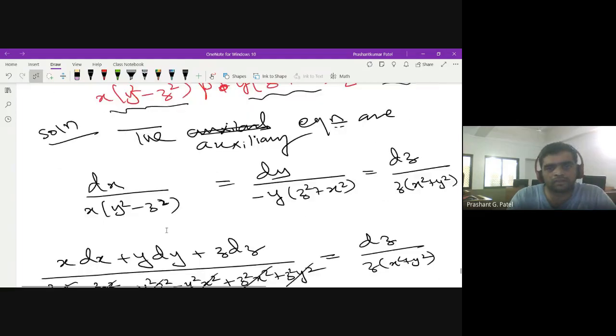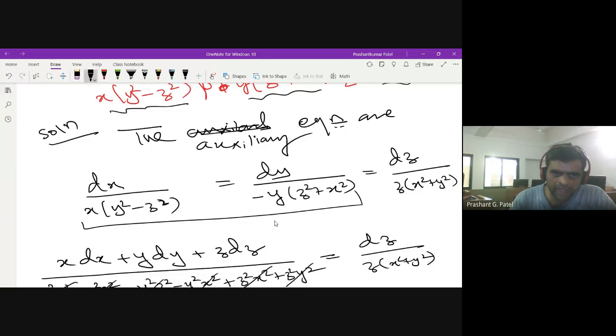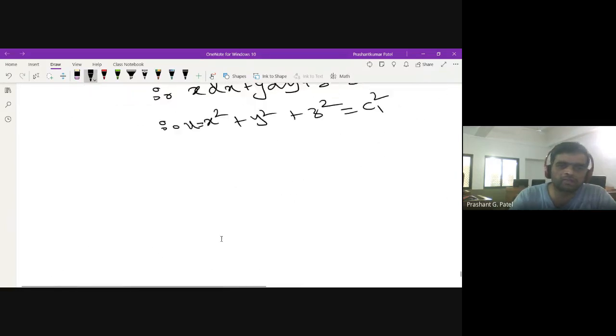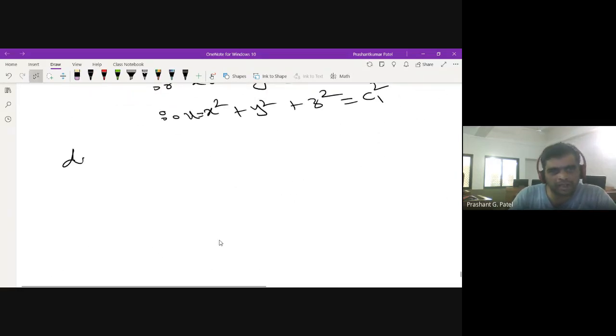Now to get another solution, these are the auxiliary equations we have. Just observe the first and second ones. If we take dx upon x and dy upon y, it leads to something. So I'm taking dx upon x minus dy upon y.